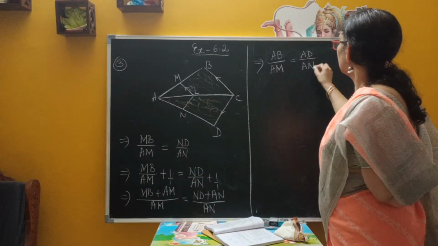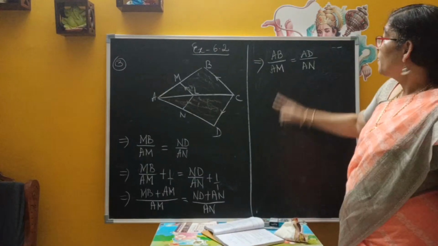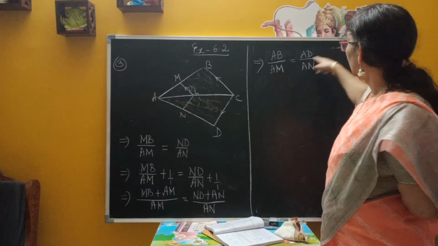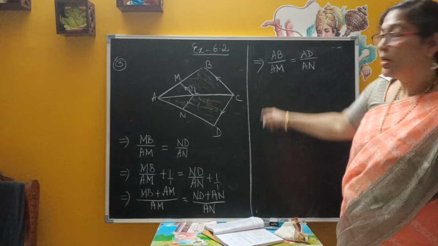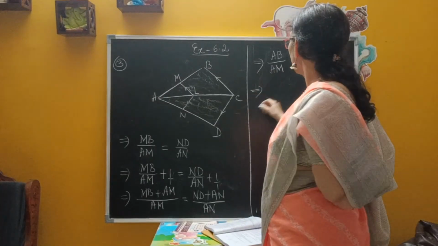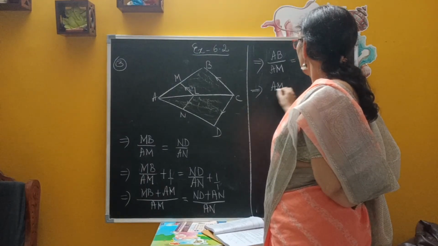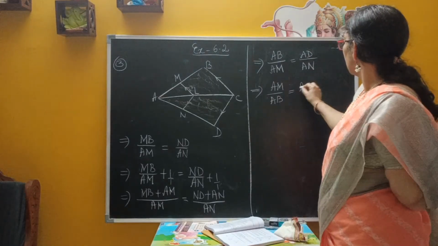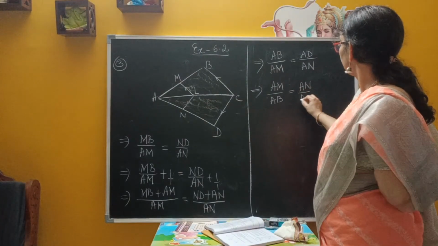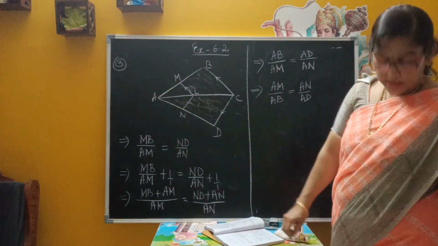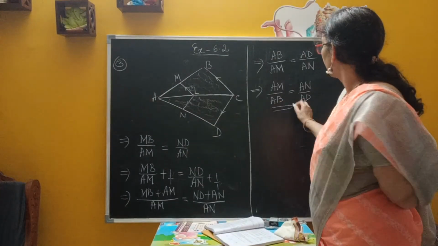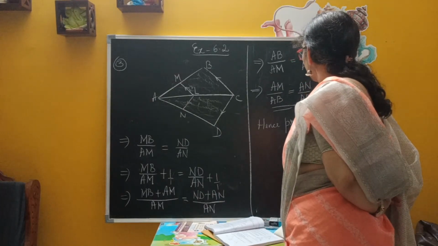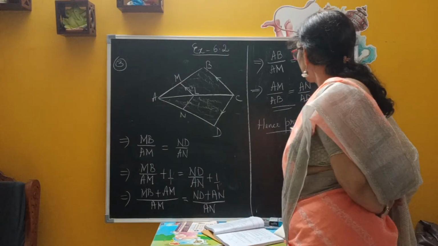Now, what is the result we need to prove? AM by AB is equal to AN by AD. So what should we do? We have to take the reciprocal of this. Taking the reciprocal, we get AM by AB is equal to AN by AD. So hence proved.